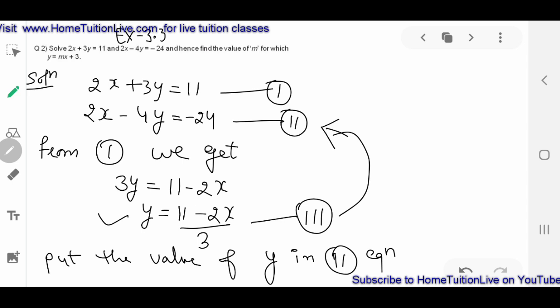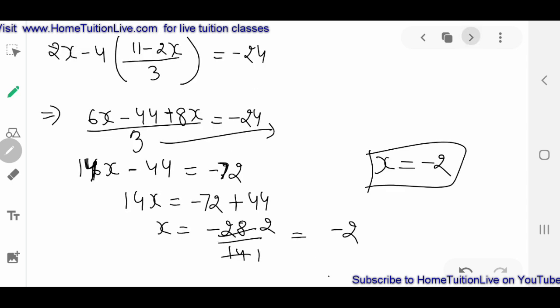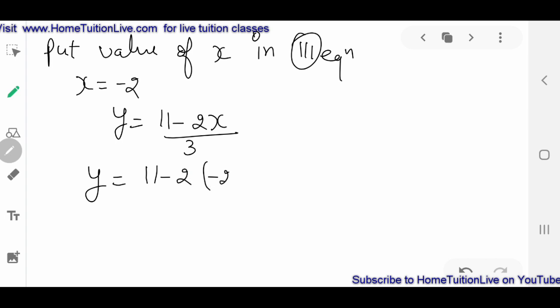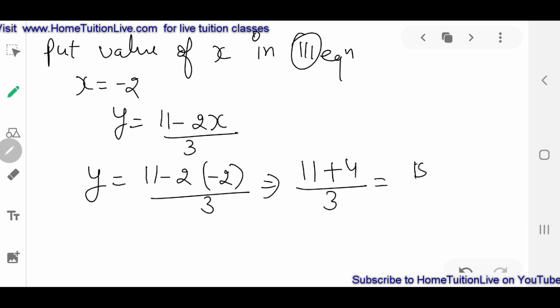Y is equal to 11 minus 2x divided by 3. And y is equal to 11 minus 2 into minus 2 divided by 3. 11 plus 4 divided by 3. 15 upon 3. This is 5.